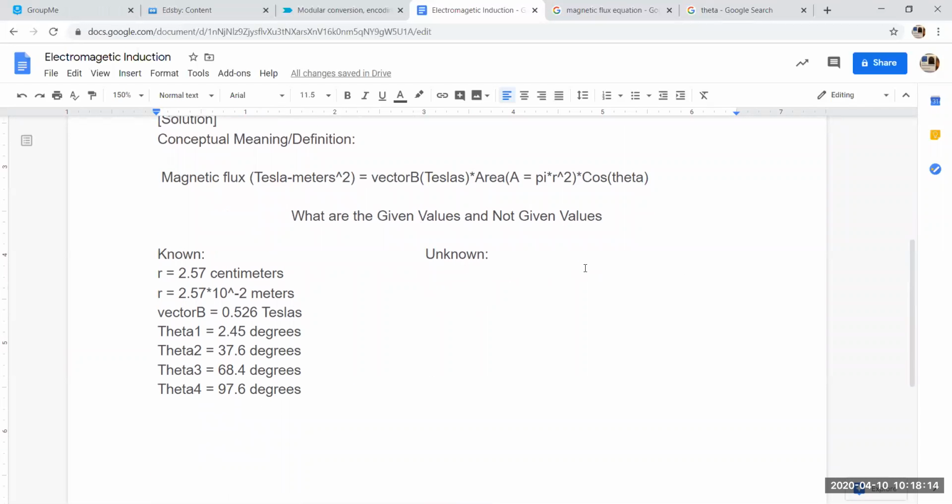That means we have 4 fluxes because we have 4 angles where we have to calculate this. So we're going to say flux 1 is equivalent to some number in Tesla meters squared.